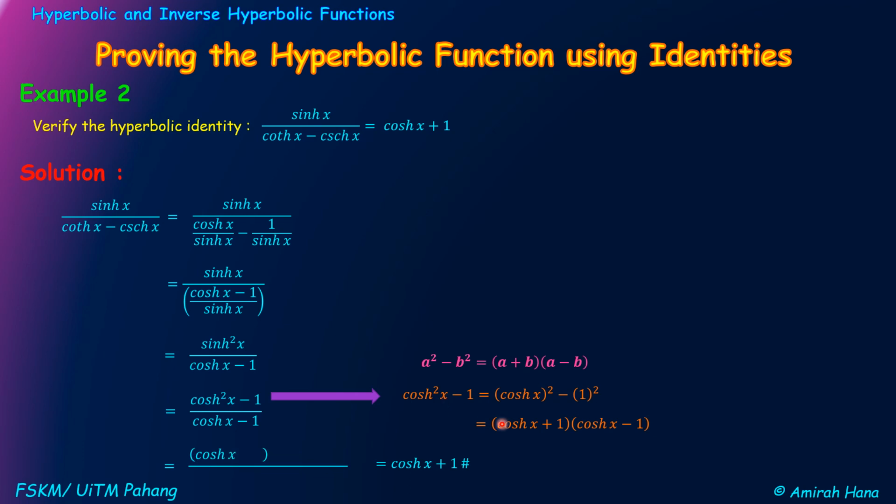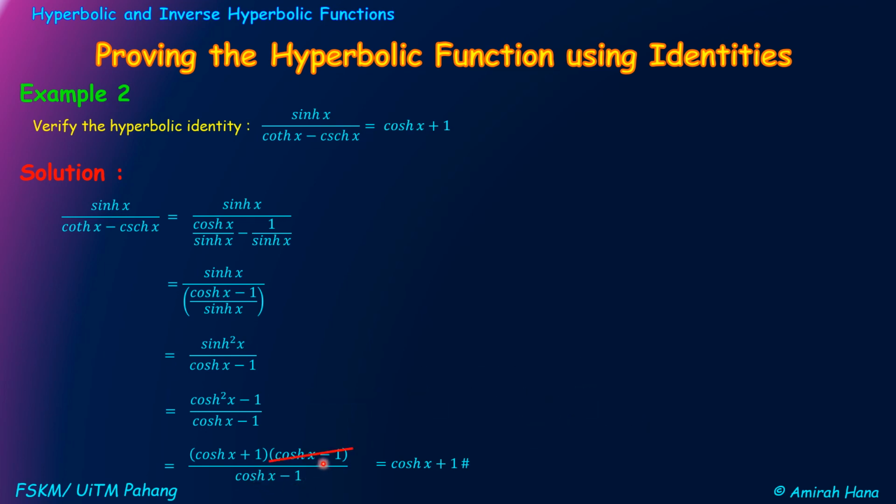So cos squared x minus 1 equals cos x plus 1 times cos x minus 1, and we still have the denominator cos x minus 1.